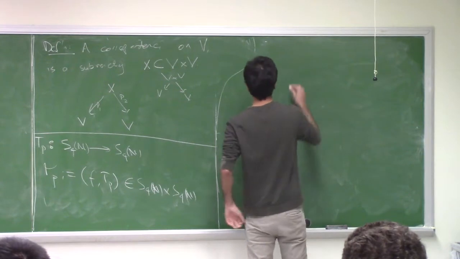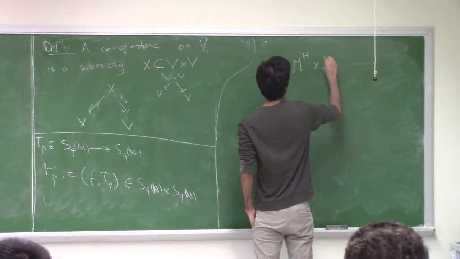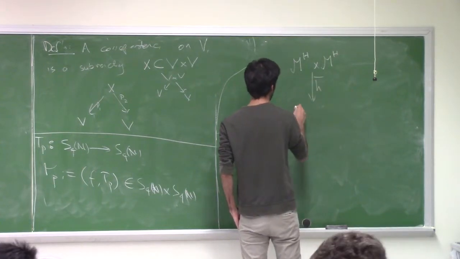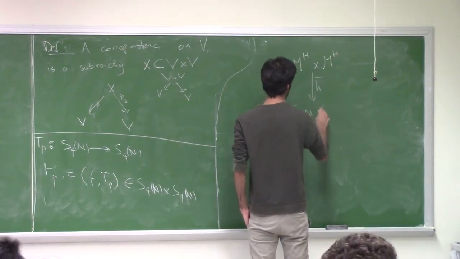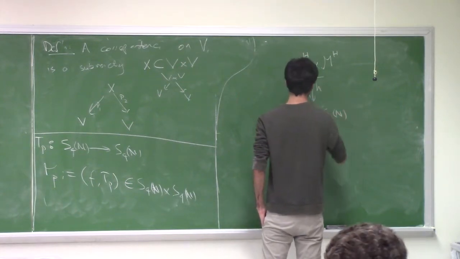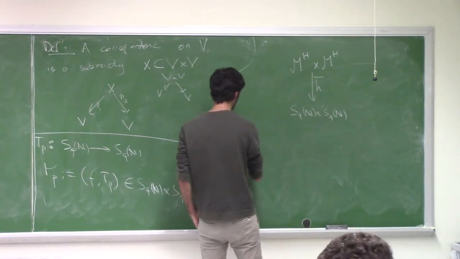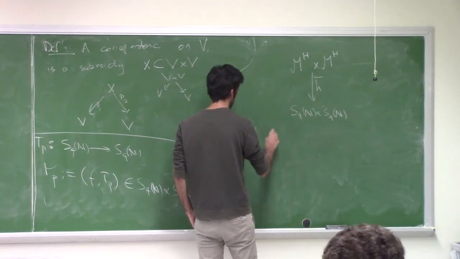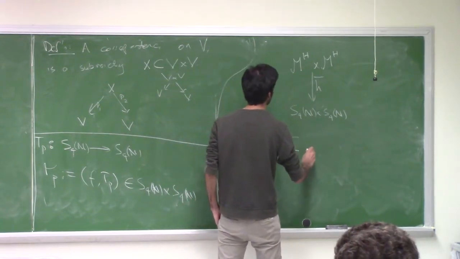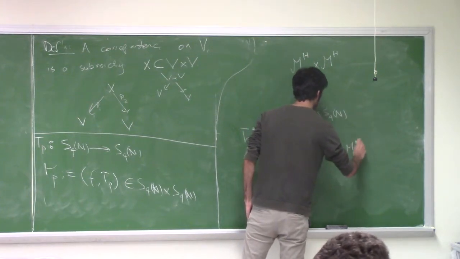So we have basically this double thing, MH cross MH, with the Hitchin map, which I denote by this, to S4n cross S4n. We have a subvariety in here, gamma P, so we can look at H bar upper star of gamma P. And this is a subvariety contained in MH cross MH.